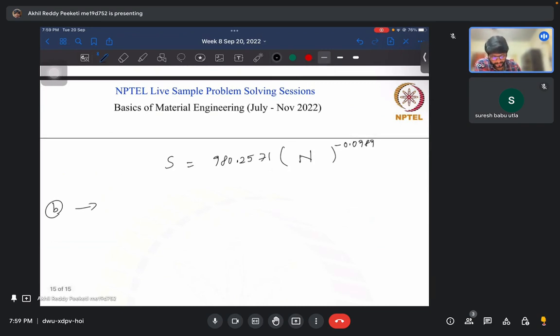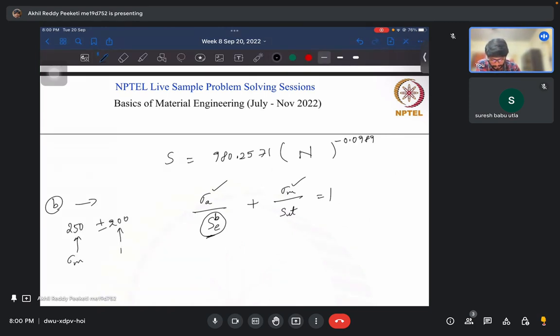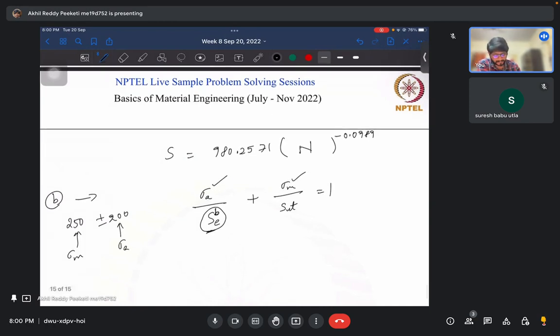Using the modified Goodman criteria, first we need to estimate the effective stress we need to put. Whatever this stress is, let me write it like this. We know the amplitude and we know the mean: 250 plus or minus 200. So this is the mean and this is the amplitude, and SUT is given as 550, right?